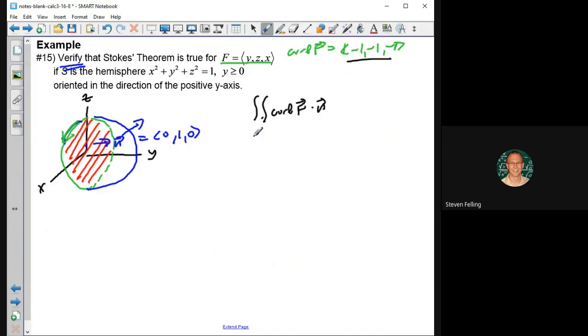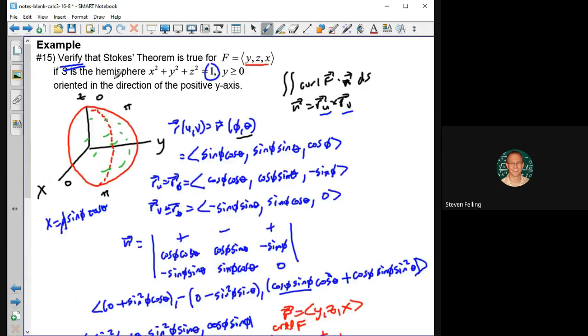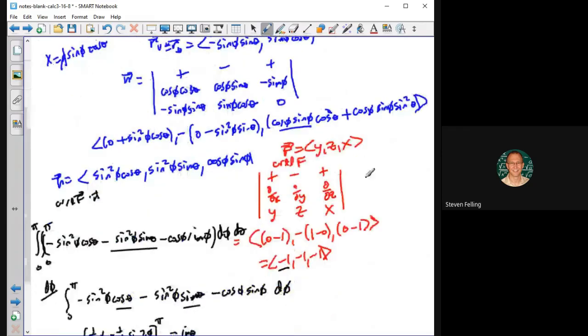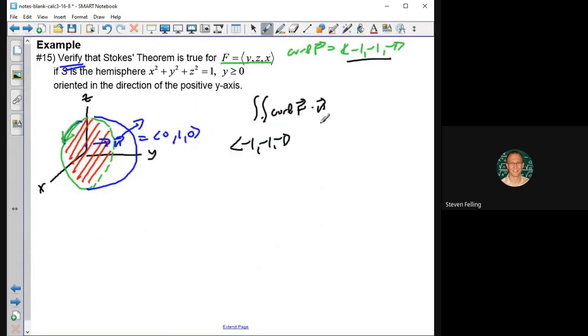Okay, so the curl of f is -1, -1, -1, and that would have required me to do this work. I would have had to do this red work, so a little bit of work to get that. Okay, but the n is just 0, 1, 0. And so the result of that is just -1. So all we're doing is taking an integral of -1 over this red region.